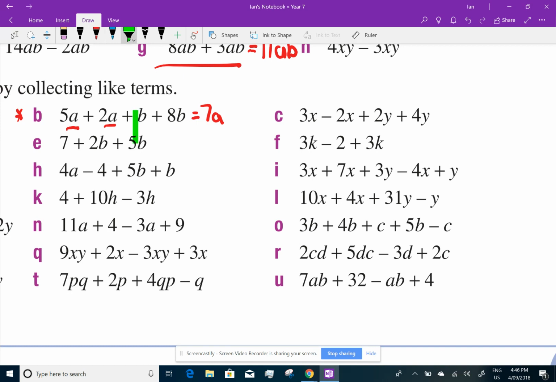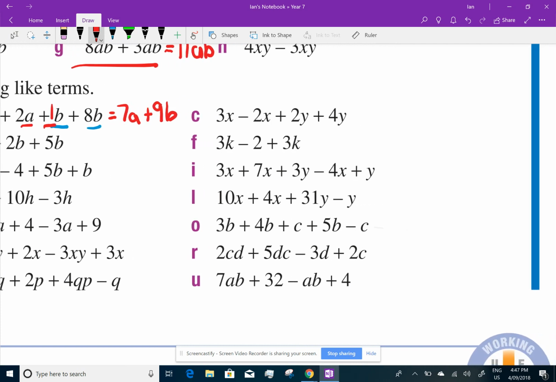And then I've got these B's. Now, I can't add the B's to the A's. They're different terms. But I've got plus 1B plus 8B. Well, that gives me plus 9B's. And I can't do anything else with that because A and B's are not like terms.